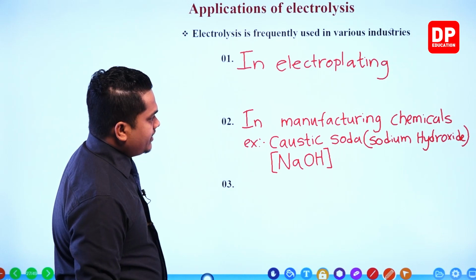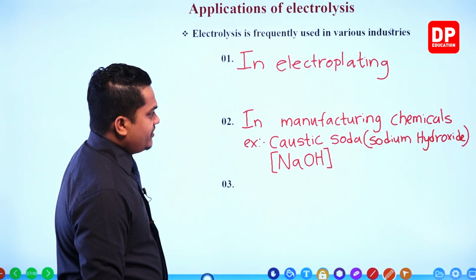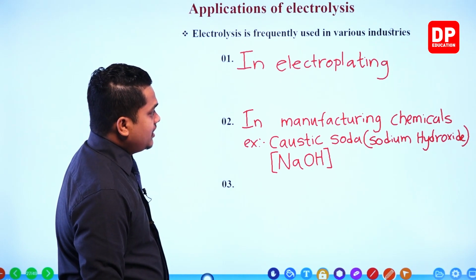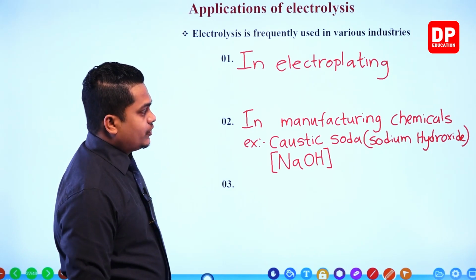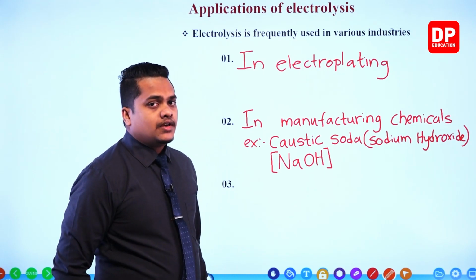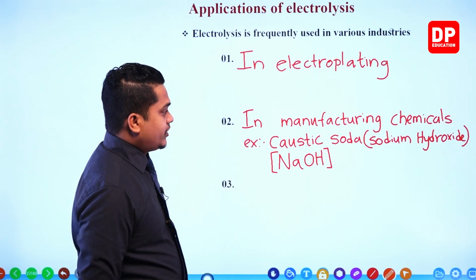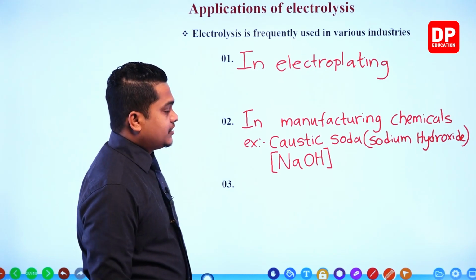So in manufacturing chemicals like caustic soda, we use the process of electrolysis. In manufacturing caustic soda or sodium hydroxide, we use electrolysis. So the chemical formula for sodium hydroxide is NaOH, a good base.